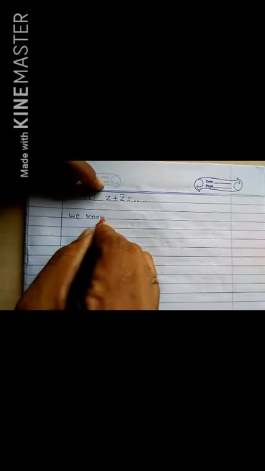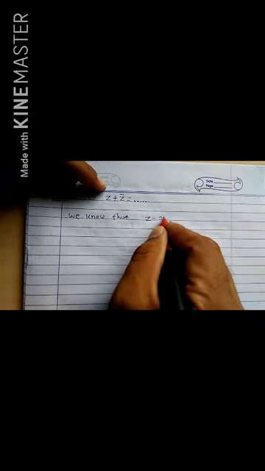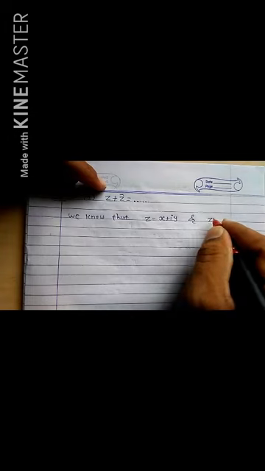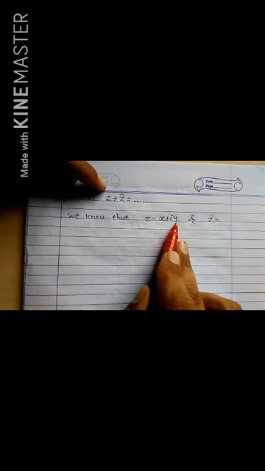We know that z equal to x plus iy, and z bar is the conjugate complex. What is the conjugate complex of x plus iy?